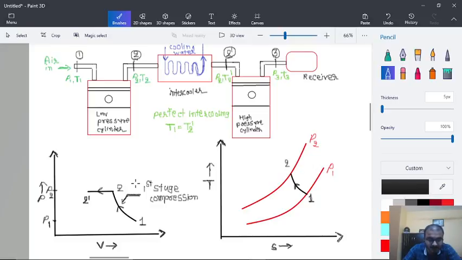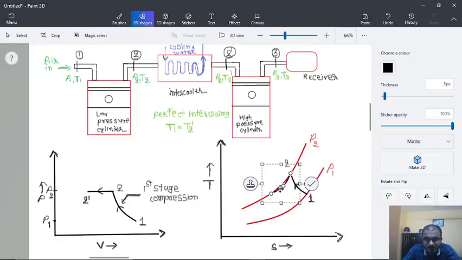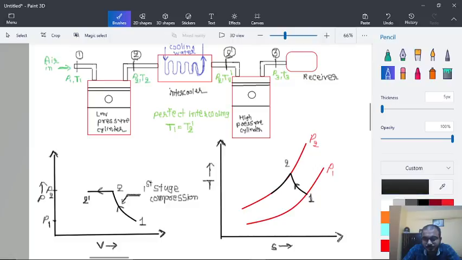So this is the intercooling. The intercooling that is being observed on the TS diagram, as it is a constant pressure process, will stay on this curve, that is on the P2 curve. So this will be 2 prime.